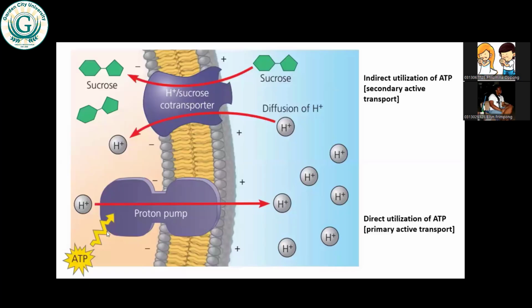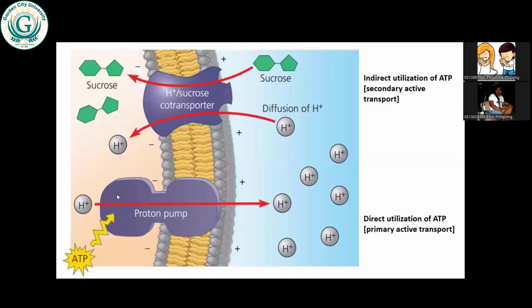Then there's detachment of adenosine diphosphate and phosphate, ADP and phosphate, from the pump. Detachment moves the pump back to its original state, facing inside. And that is how this proton pump works. So always: the hydrogen ion binds, ATP binds, and breakdown of ATP enables the pump to change shape, facing outside and releasing the hydrogen ion.